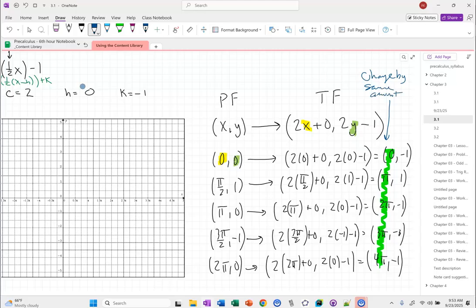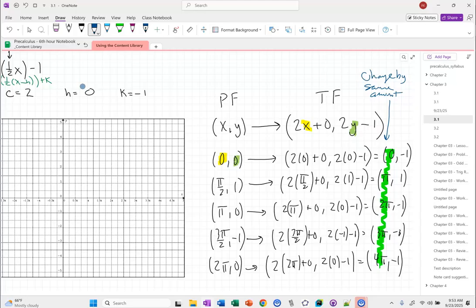But the difference between those x coordinates should always be the same amount. Whether it's a pi, or a pi over 2, or a 3 pi over 4, or whatever it is, the change of those x coordinates will always be the same.